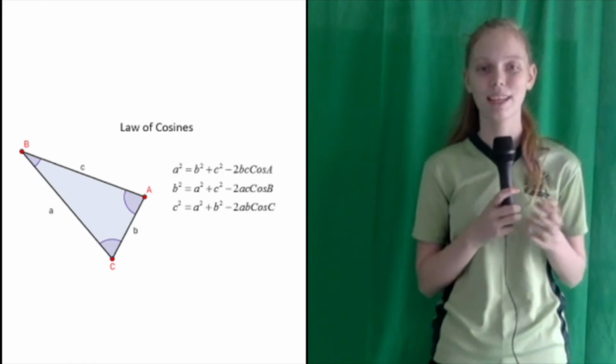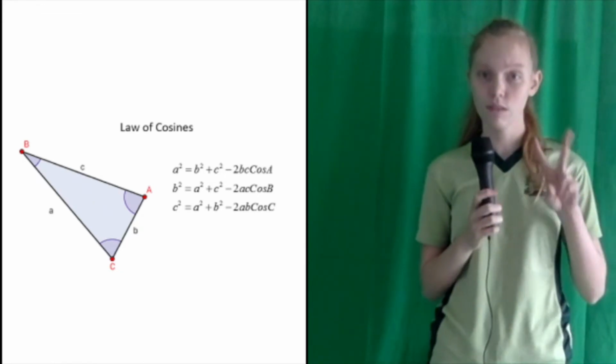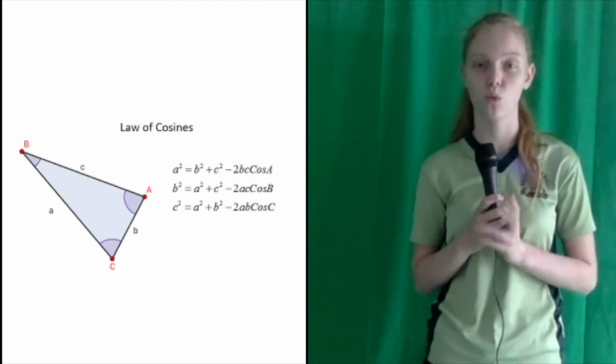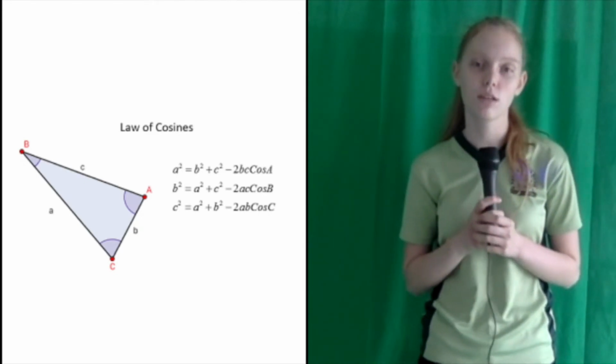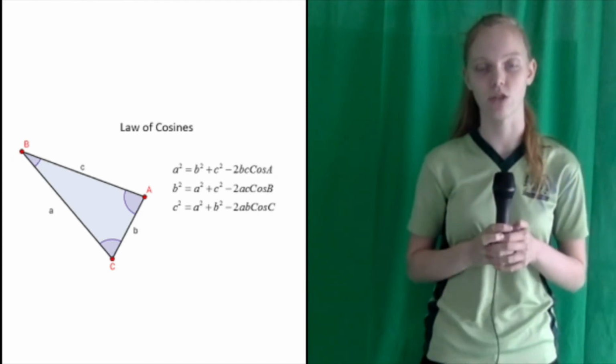The next formula is the law of cosines. You use the law of cosines when you know two of the sides and you also know the angle between those sides. And then you can use this to find any of the other angles and sides in the triangle.